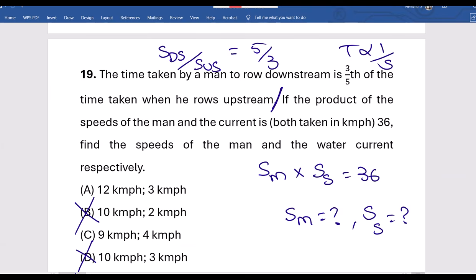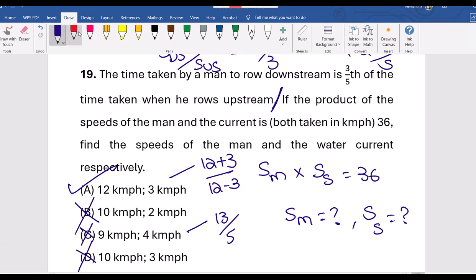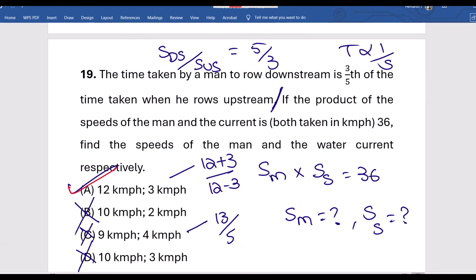Now here, adding 12 plus 3 is 15, subtracting is 9. It is 5 by 3, satisfied. Here, adding 13, subtracting, 5 by 3 is not satisfied. No need to always go for a formula; you can handle it like this. 12 and 3, 5 by 3 required.